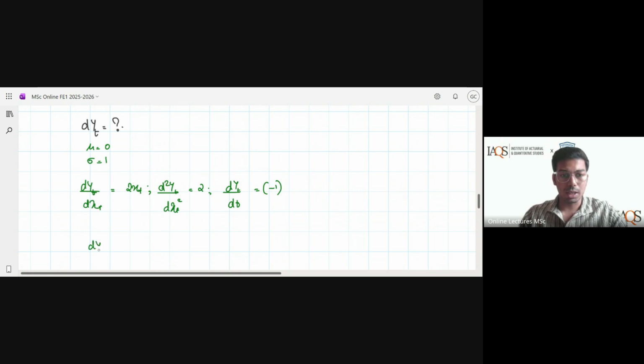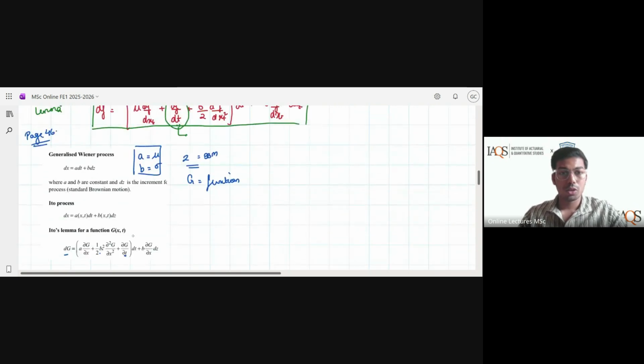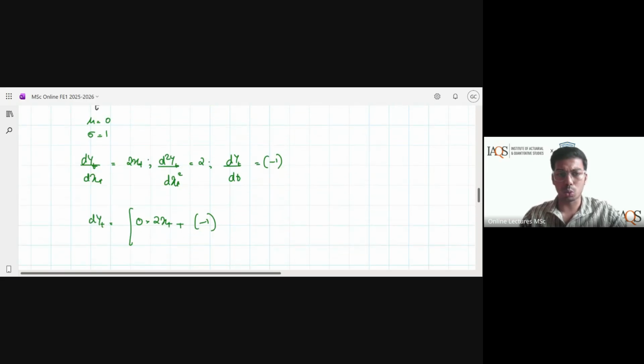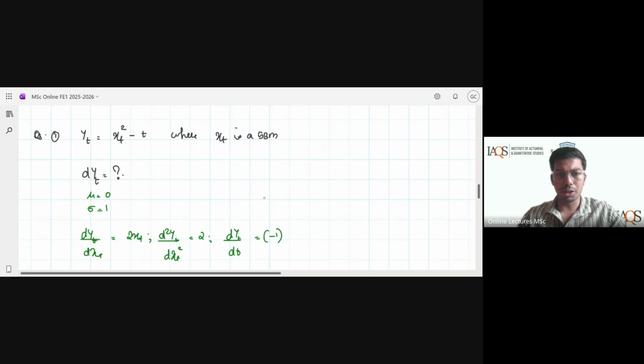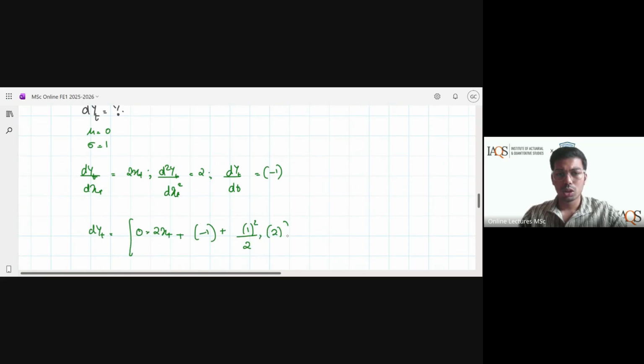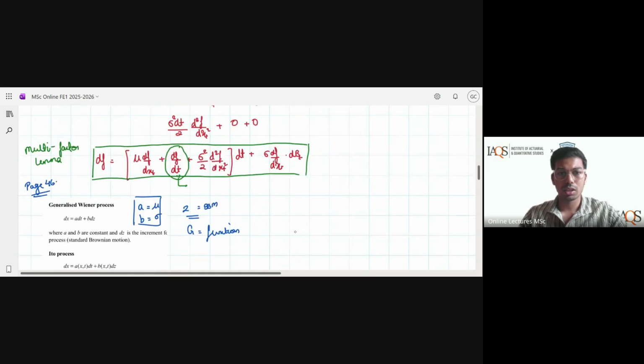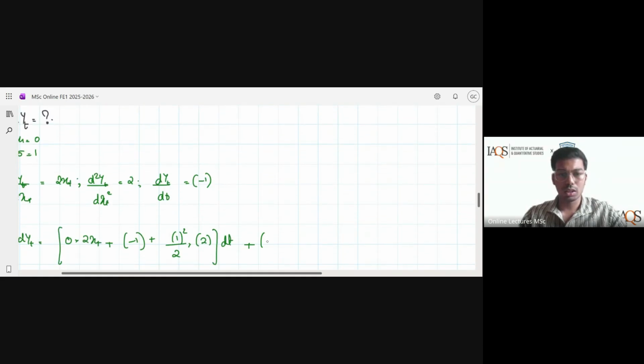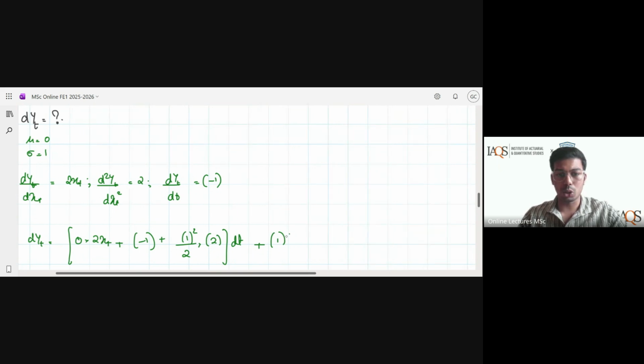So now when you apply, dyt is equal to mu into df by dxt, I know 0 into 2xt, plus df by dt, which is -1, plus sigma square by 2. I know sigma square is 1 square, by 2 into the double derivative, which will become 2, the whole into dt, plus sigma is 1, and df by dxt is 2xt into, now remember standard Brownian motion is xt only over here, so I'll write this as dxt.